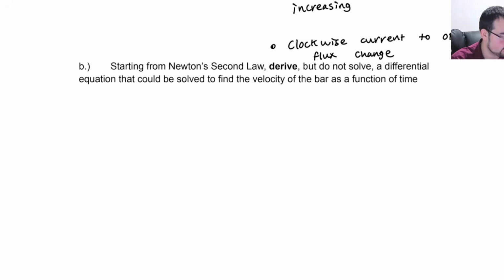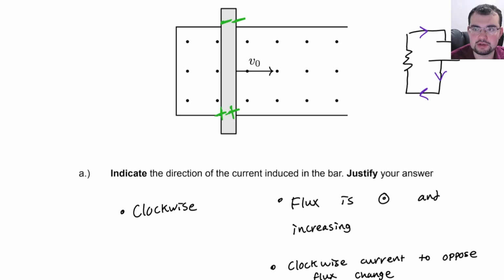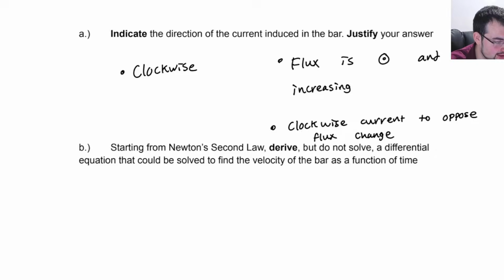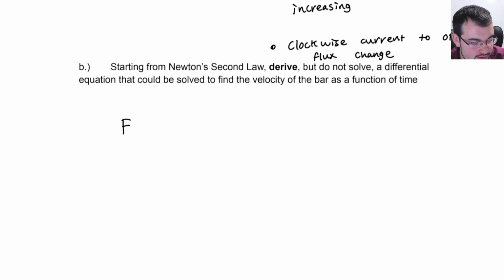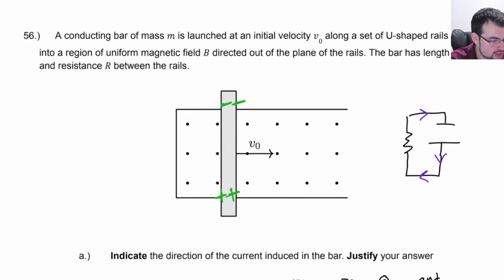Now we have to make this a Diff EQ. So starting from Newton's second law, do a Diff EQ. Well, Diff EQ in this class, it's either Kirchhoff loop rule or it's F equals ma. In this case, it's F equals ma, with acceleration being the derivative of velocity. So what is the net force acting on this bar?